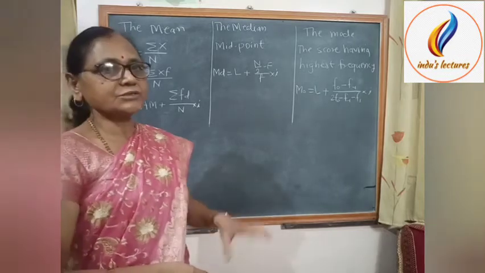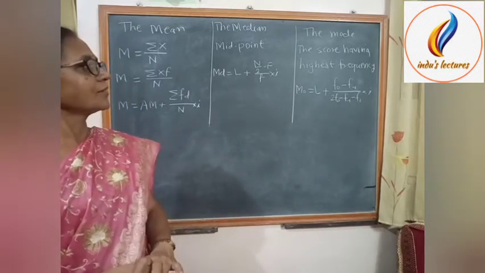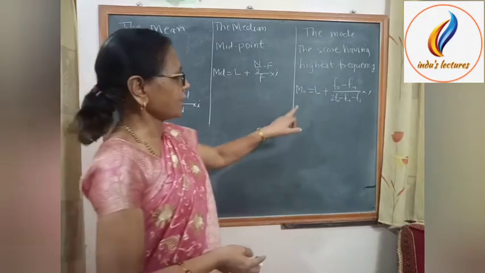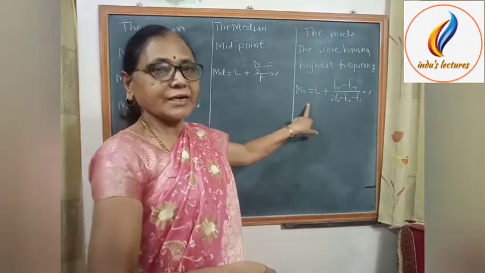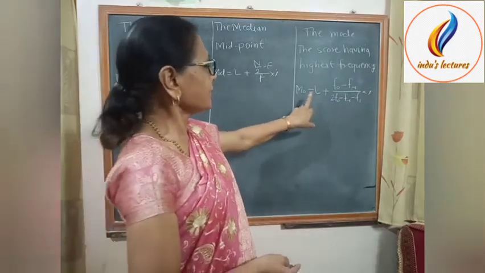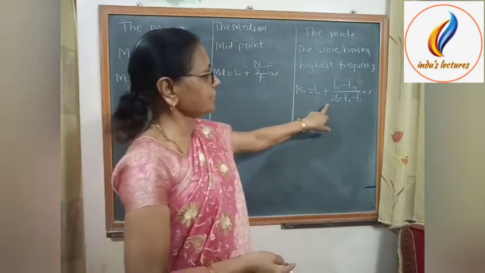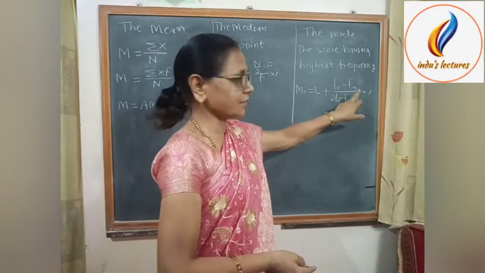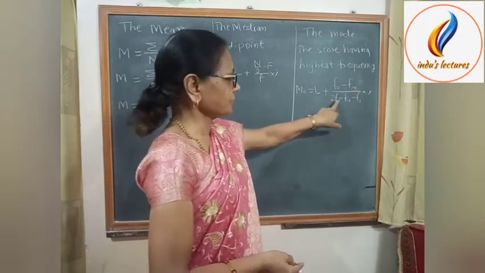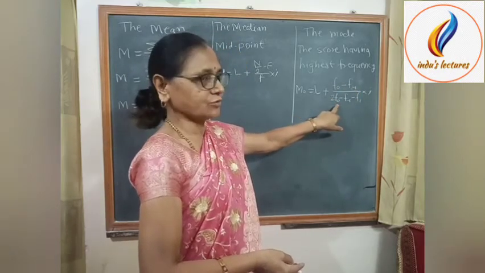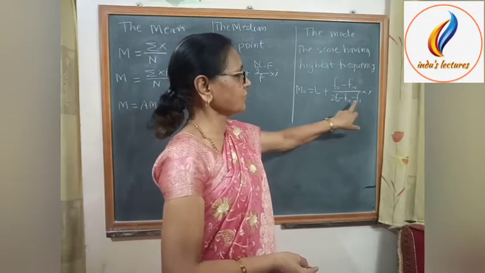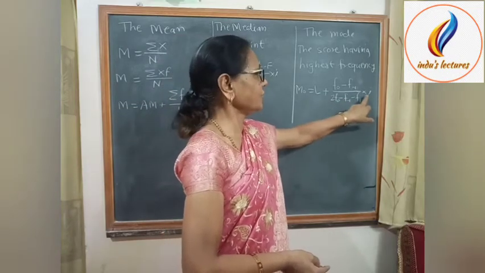That means the score occurring most frequently is the mode. And from grouped data, the mode can be calculated by this formula: Mo is equal to L plus (f0 minus f minus 1) upon (2 f0 minus f minus 1 minus f1) into i.